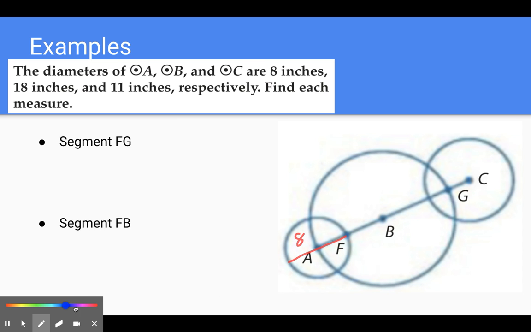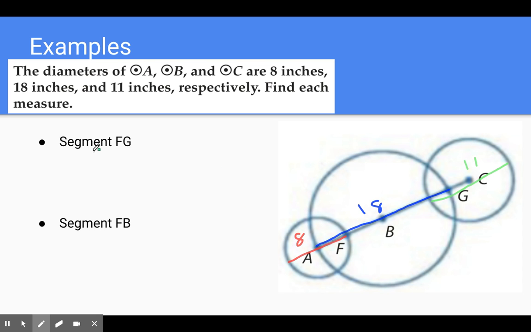If I use a different color, the entire length of circle B, the diameter, is 18 inches. And then if I use another color, let's go with green, the diameter of circle C, which is the whole thing, is 11 inches.